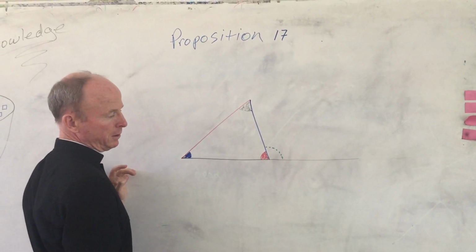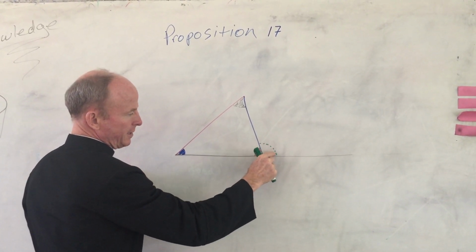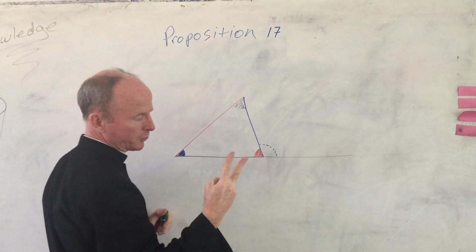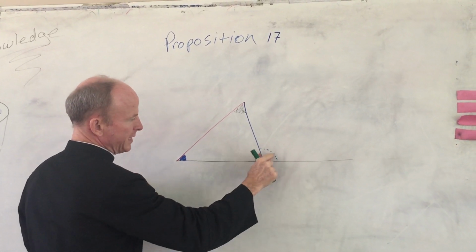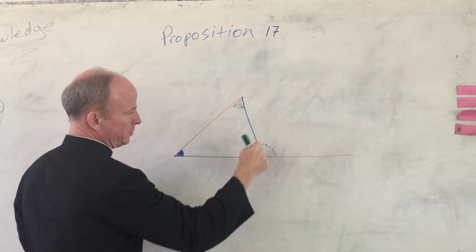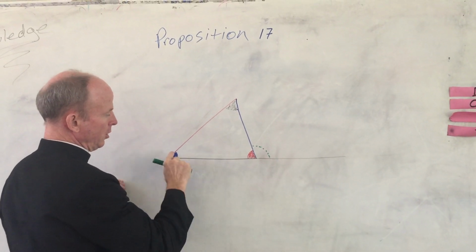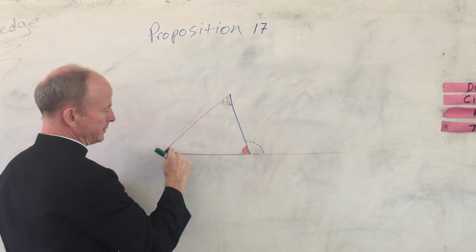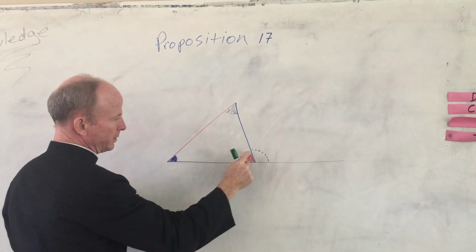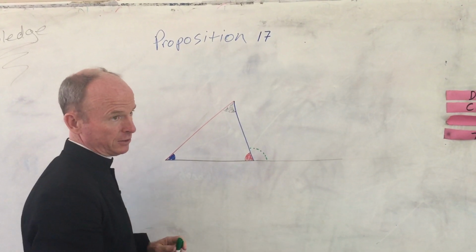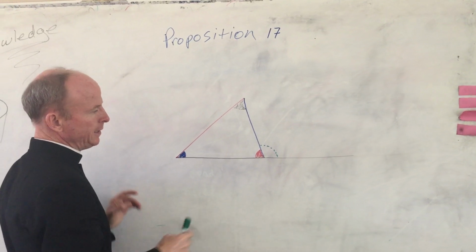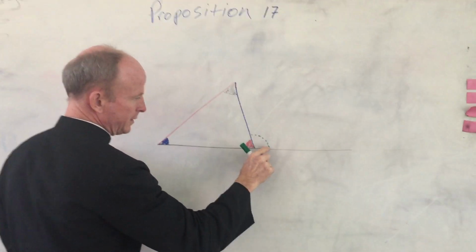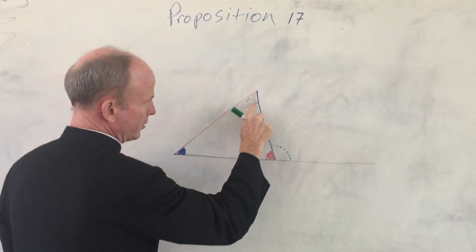Therefore, we know that this and this are either two right angles or equal to two right angles. Well, if this and this are equal to two right angles, and this and this are greater than this and this, two right angles are also greater than this and this, which is to say, this angle and this angle are less than two right angles.